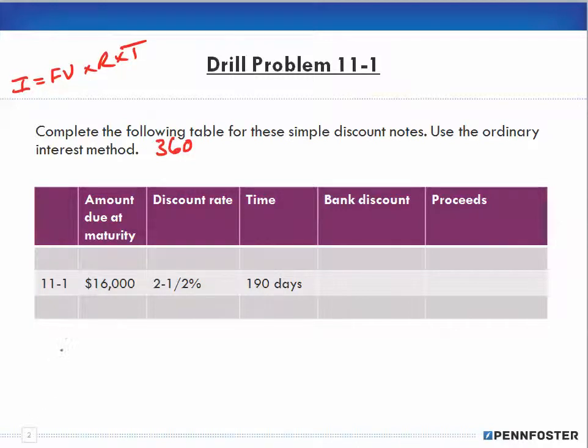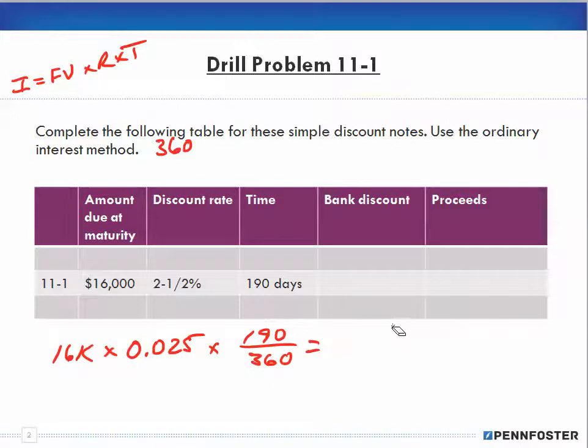So we have the face value at 16,000 at 2.5%, 0.025 times 90 days over 360. And when we do the math, 16,000 times 0.025 times 90, that's 36,000.